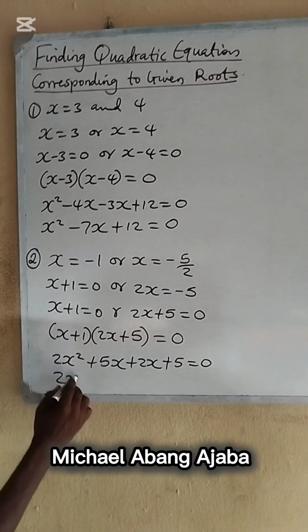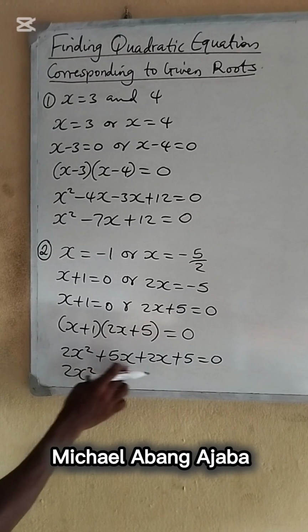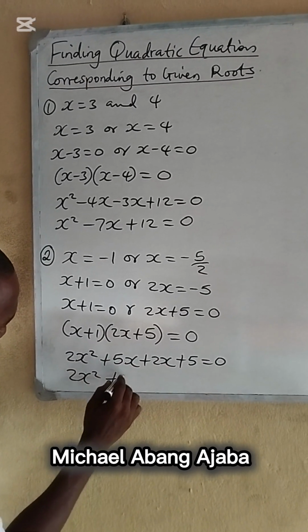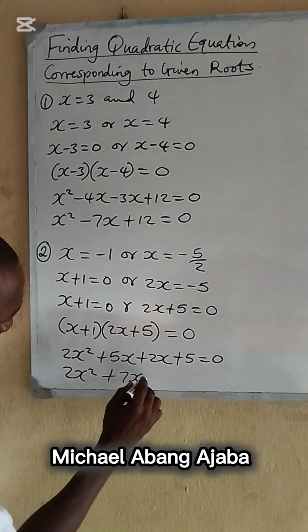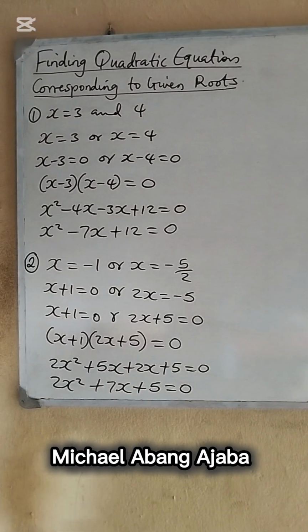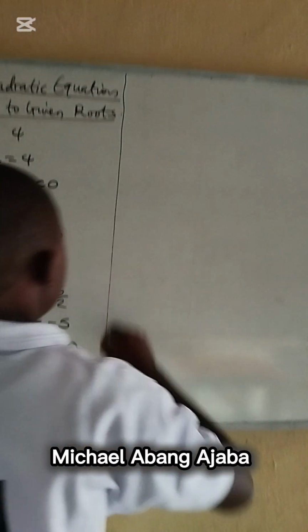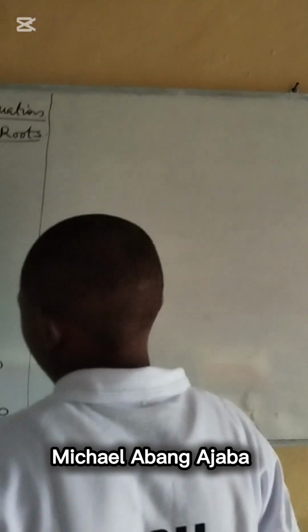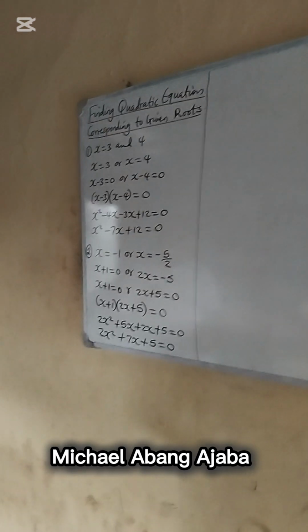Simplify this, 2x squared plus 7x plus 5 equal to 0. So this is the quadratic equation whose roots are given here.